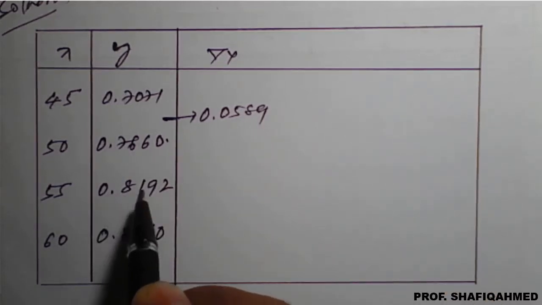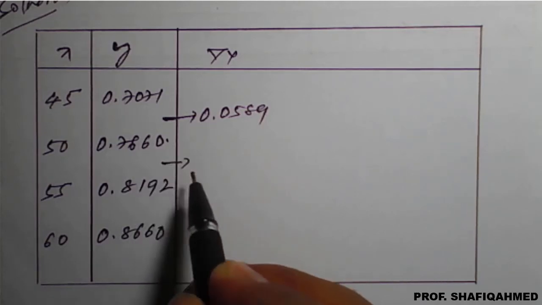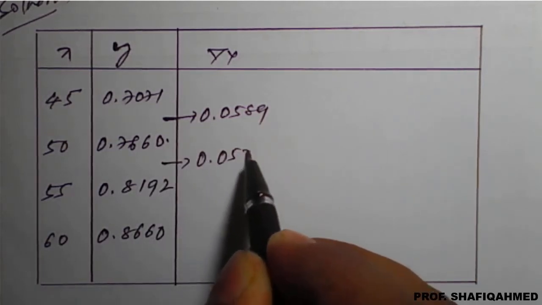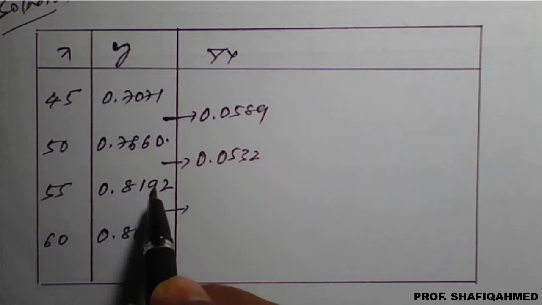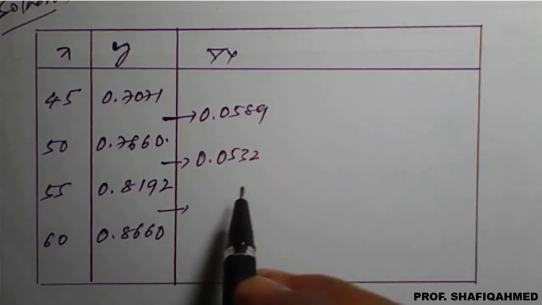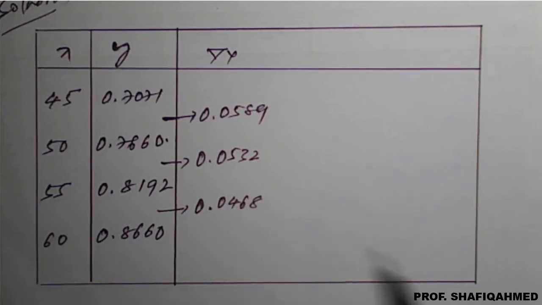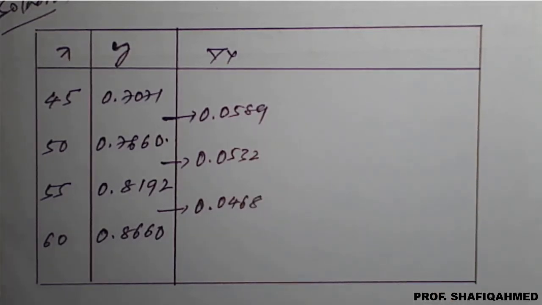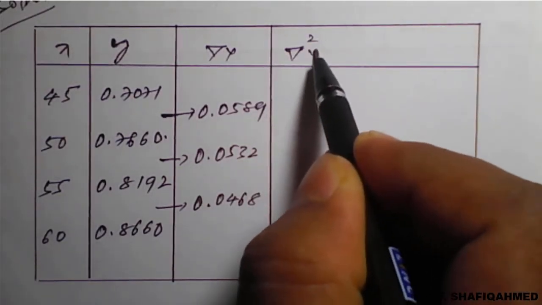Difference of 0.8192 minus 0.7660 will be 0.0532. Difference of 0.8660 minus 0.8192 will be 0.0468. Next we'll see the next difference, that is nabla square of y.